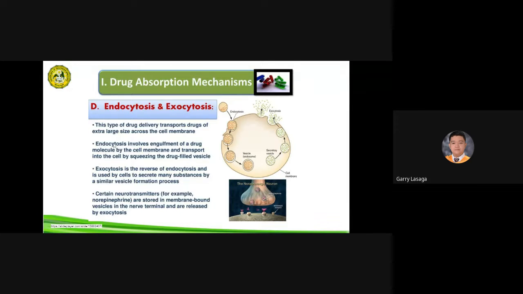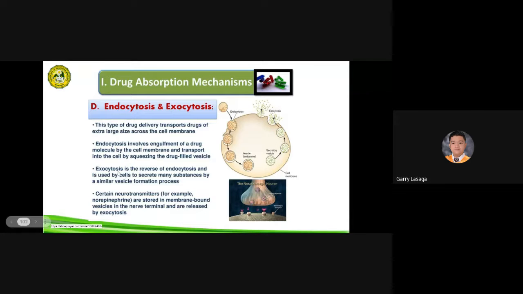In endocytosis, this involves the engulfment of a drug molecule by the cell membrane and transport into the cell by squeezing the drug-filled vesicle. Here we have an example of endocytosis. It engulfs the molecule towards the cell.